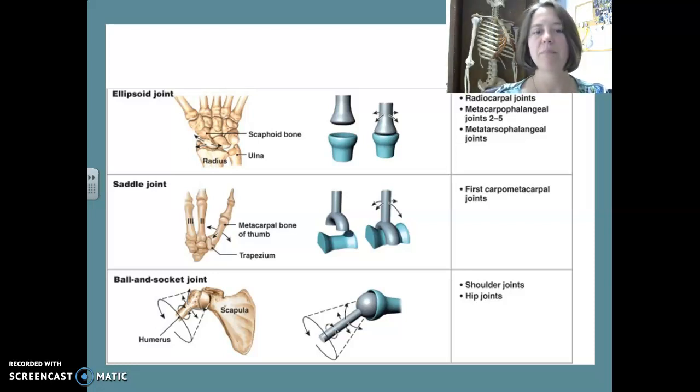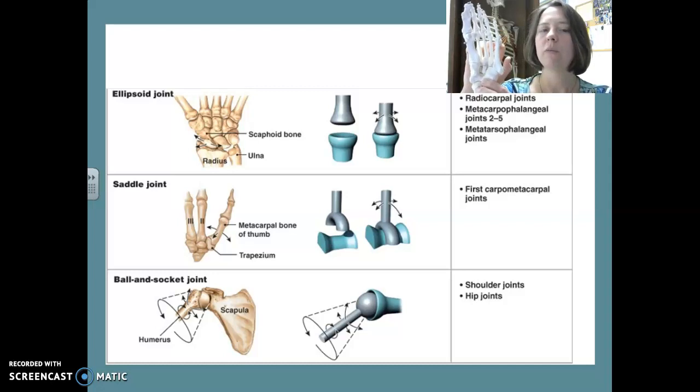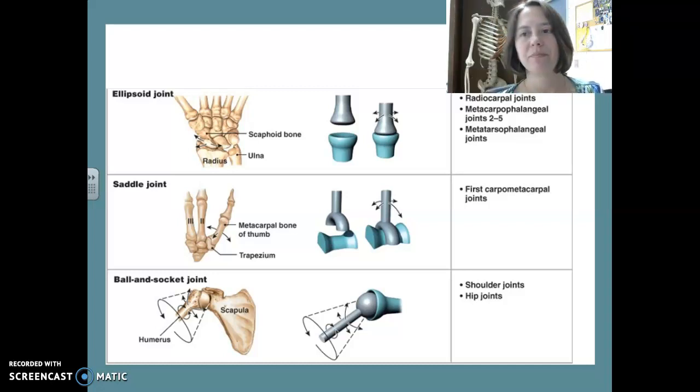The same thing happens on the foot, with the metatarsal forming a condyloid joint with the proximal phalanx.